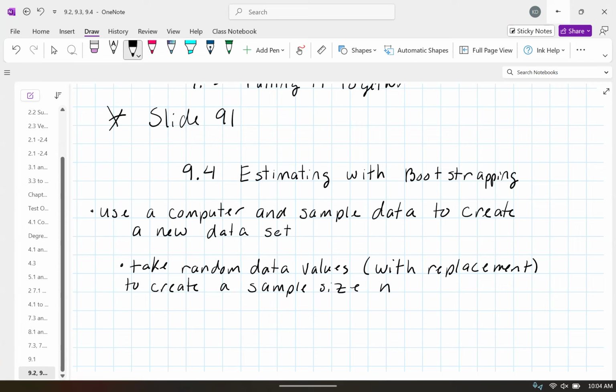According to the book, if our original sample was size n, our new sample should also be size n. We're going to go through one of these because it's a weird idea, so we're going to hopefully make it make sense.